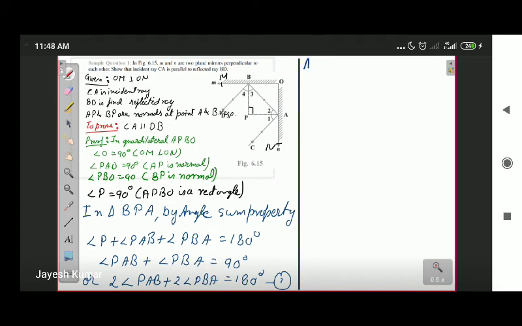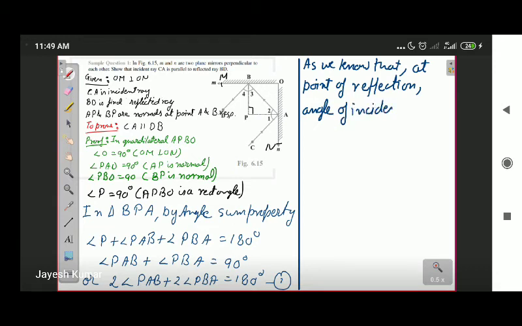As we know, at the point of reflection, the angle of incidence and angle of reflection are the same.